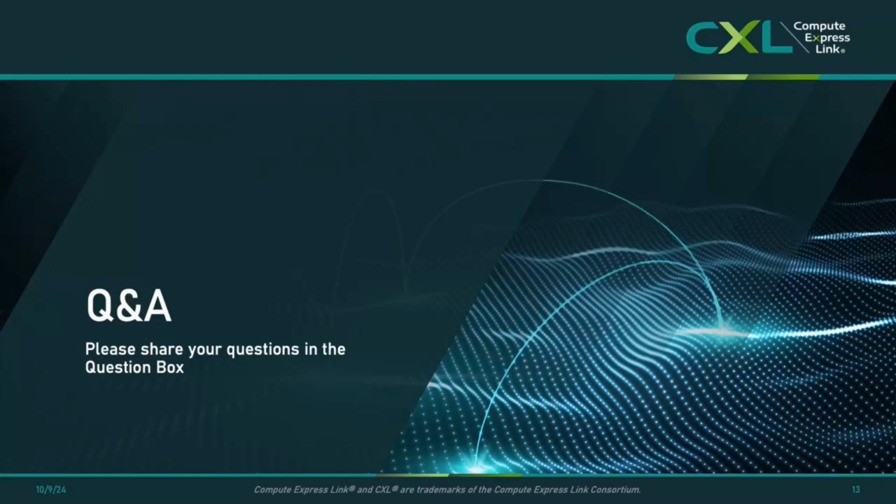Great. Our next question is, how do you tolerate the variable memory capacity that results from compression? Yeah, I can take this one. It's a good question because it's not straightforward, right? It definitely requires software enabling.